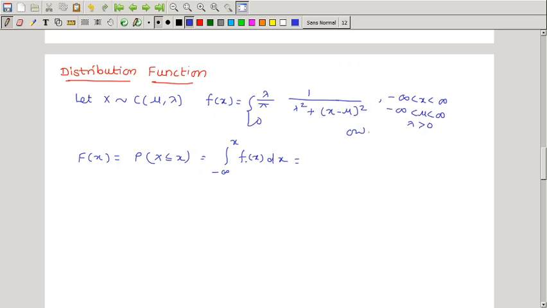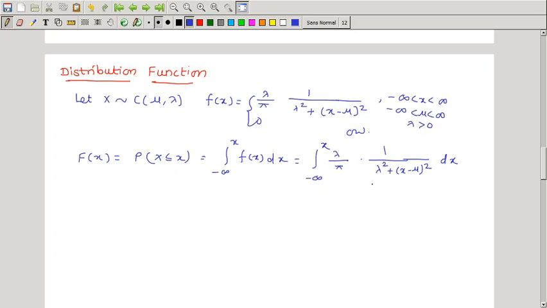Now I put the value of f of x here, so that is the integral from minus infinity to x of lambda upon pi, 1 upon lambda square plus (x minus mu) bracket square dx.